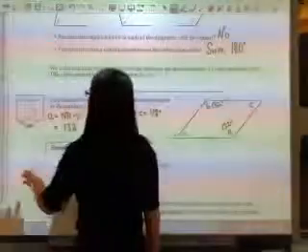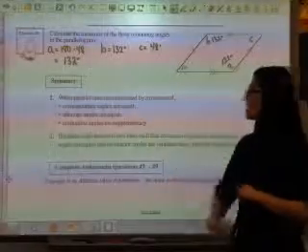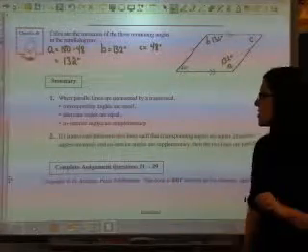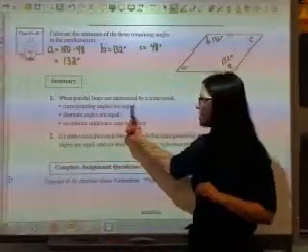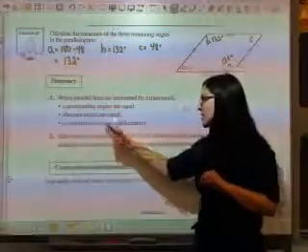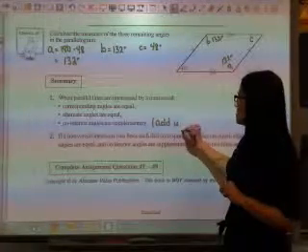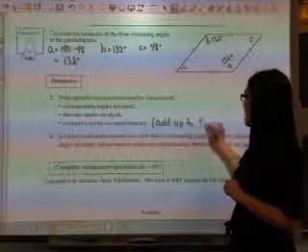So the summary at the end of the notes just summarizes that when parallel lines are intersected by a transversal, the corresponding angles are equal, the alternate angles are equal, and the co-interior angles are supplementary, which means they add up to 180 degrees.